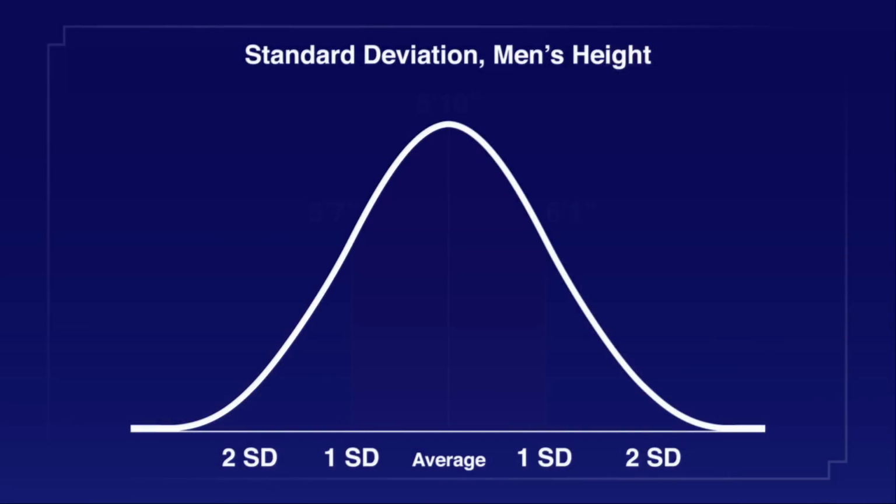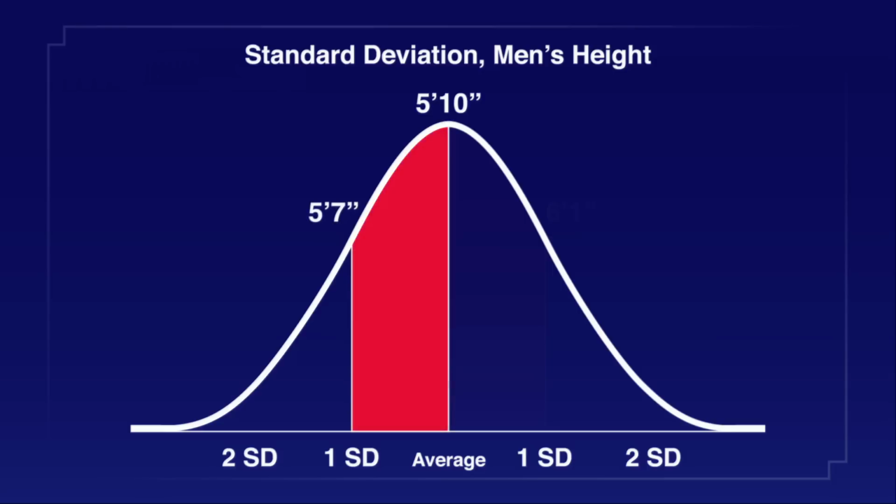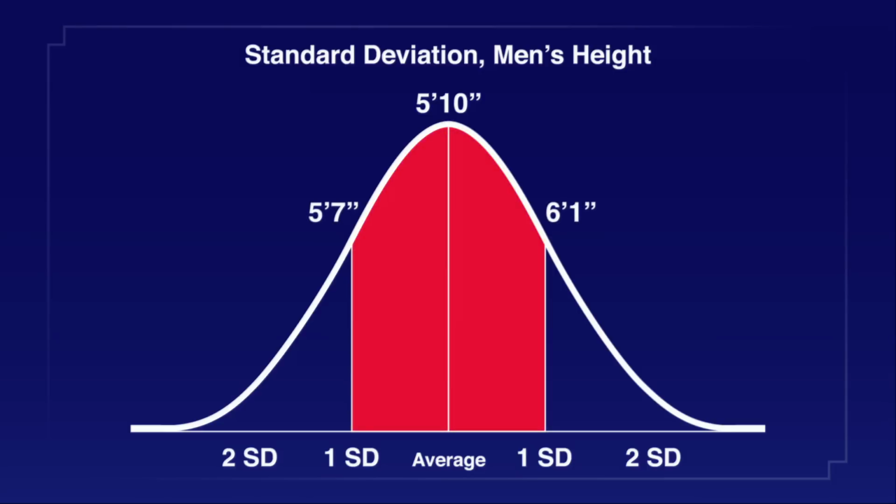Can you give us an example of a variable that has a bell curve distribution? Well, let's go back to height. In the case of height, men tend to be on average 5 feet 10 inches, and they tend to vary, most of them, within one standard deviation of 3 inches. So 2/3 of the population will fall within that, and that's exactly what this bell curve tends to show. We do the same thing with tests.